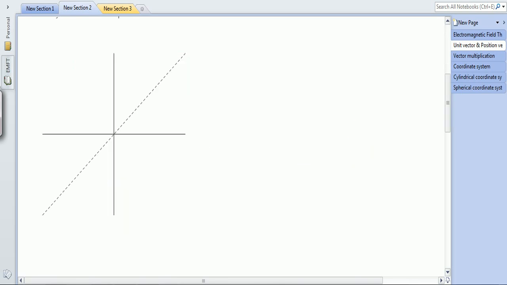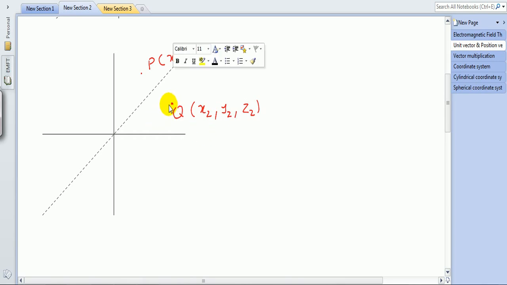Now if we want to find out a distance vector between 2 points, suppose this is P having coordinates x1, y1 and z1, and point Q having coordinates x2, y2 and z2. Let me join these to the origin.